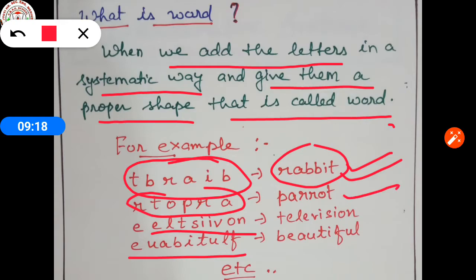And at that time we can say this particular word is parrot, this particular word is television, this particular word is beautiful. So, when we arrange the letters in a proper order, at that time we can say they are words.